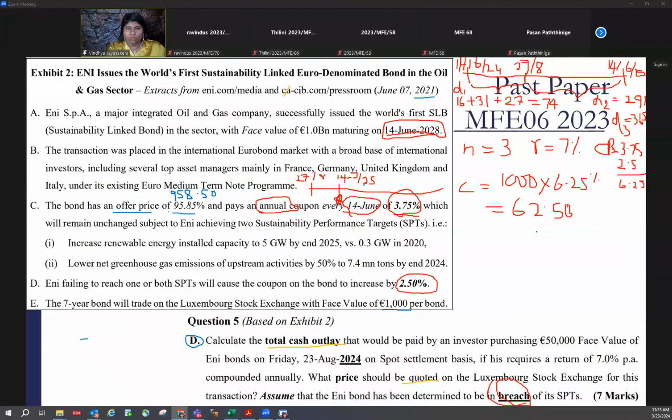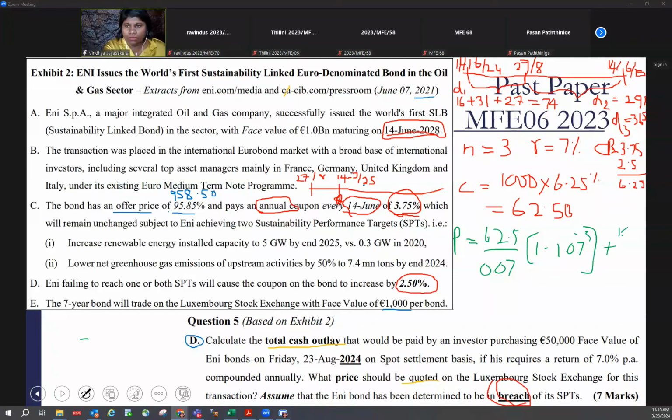What is my price? It's 62.50 divided by 0.07 multiplied by 1 minus 1 plus r to the power minus 3, plus 1000, right?